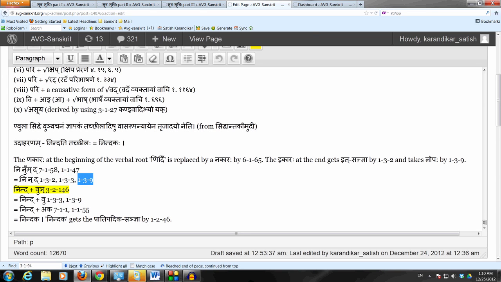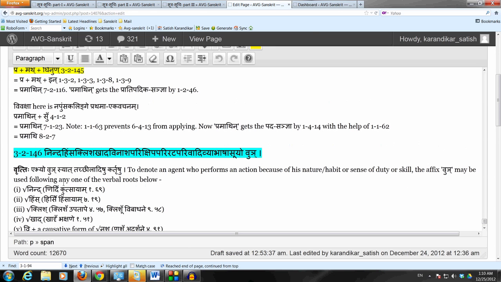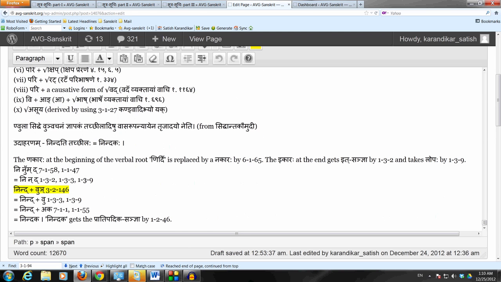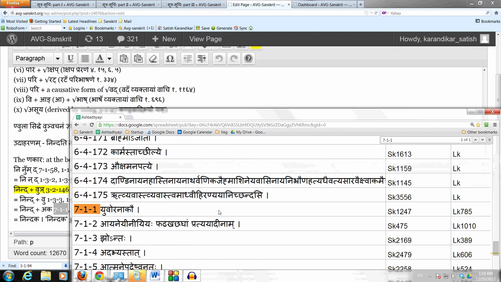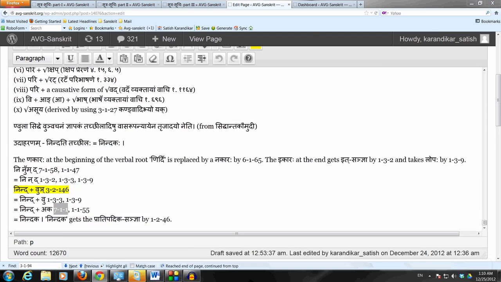And now we bring in the affix vi by this sutram 3.2.146, because Panini specifically mentioned this verbal root nind in this sutram. So we get nind plus vi. And remove the ending nyakara as an it, halantyam tasya lopaha. Now vu takes the aka adesha by 7.1.1, yoranakau, vu takes the aka adesha. And anekalshit sarvasya, the entire vu is gone, and we get aka in its place, and we get the form nindaka, and of course nindaka gets the pratipadika sanya by krit taddhita samasashcha.